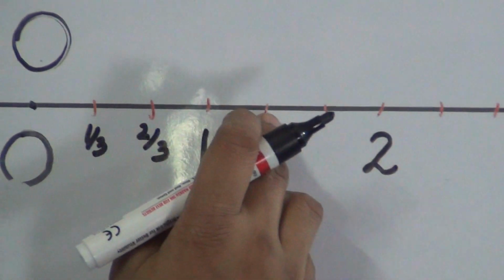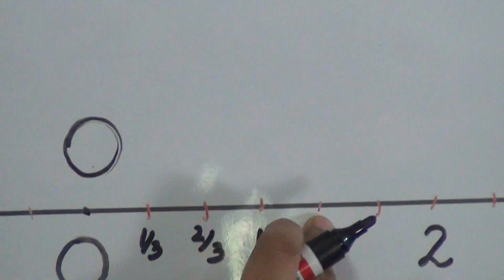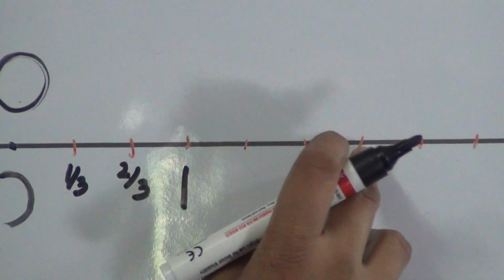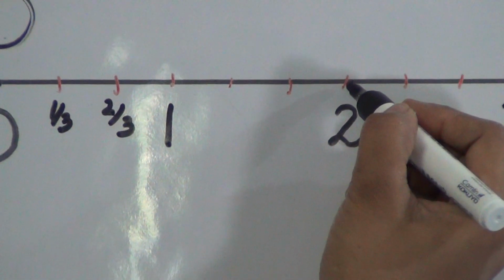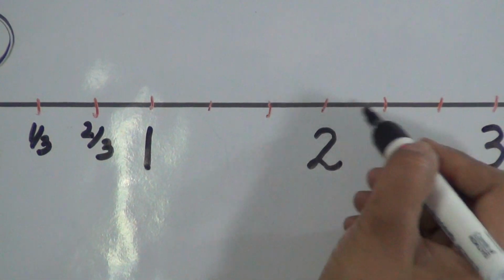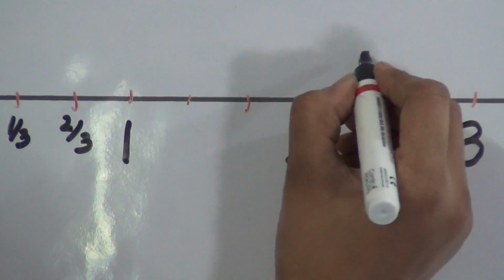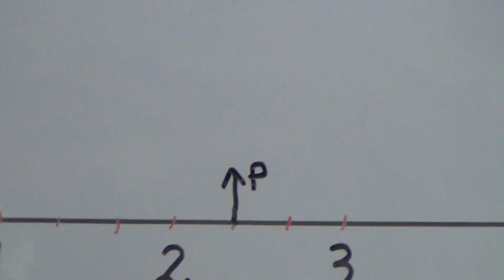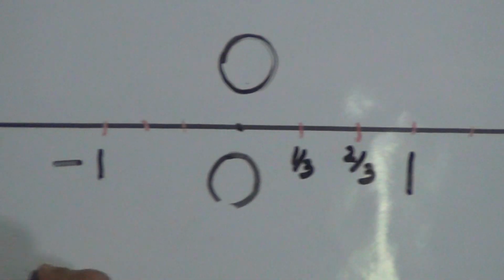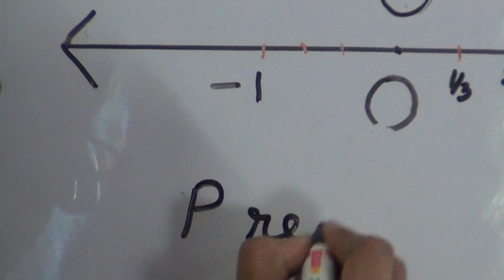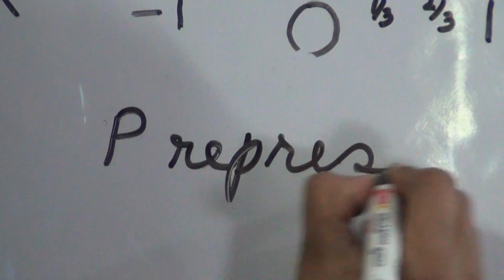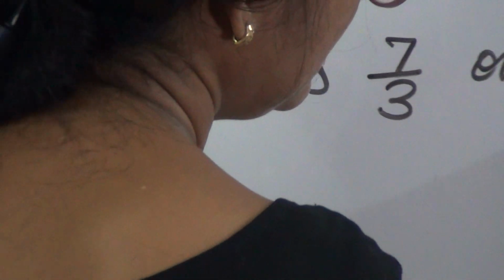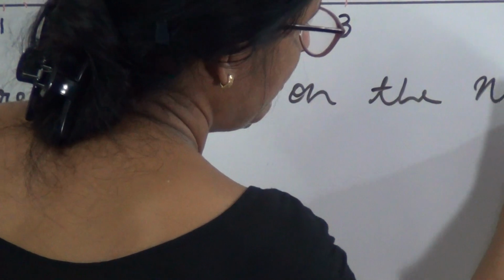In this way, this point will become 4 upon 3, 5 upon 3, 6 upon 3 is this point, which is equal to 2. And the next point will be 7 upon 3. So let us name this point to be P. So we say that P represents 7 by 3 on the number line.